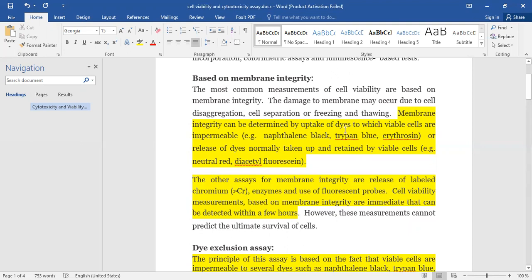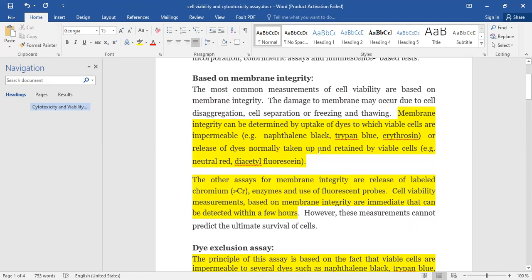So viable cells do not allow some dyes to pass. If dyes such as naphthalene black, trypan blue, and erythrosin are allowed to stain the viable cells, these cells will not stain. Only the cells which are not surviving can be stained.